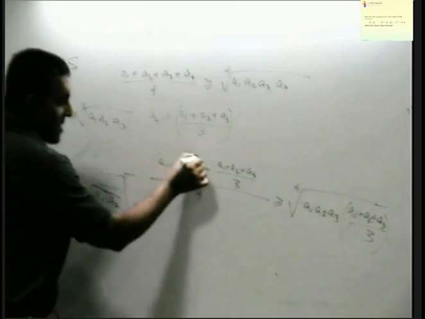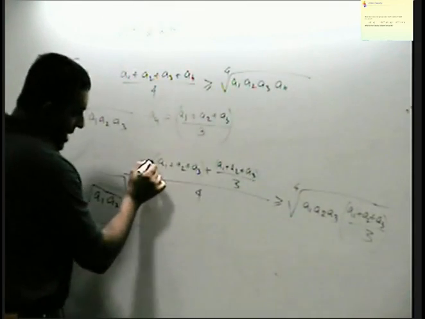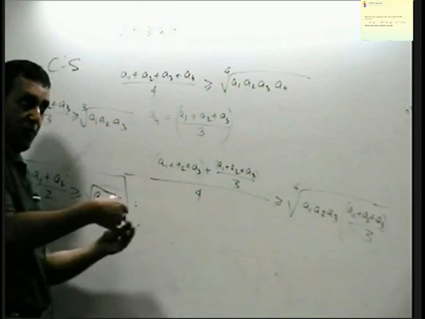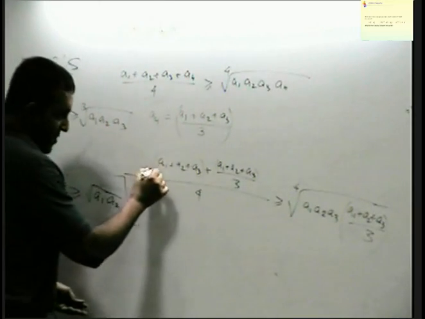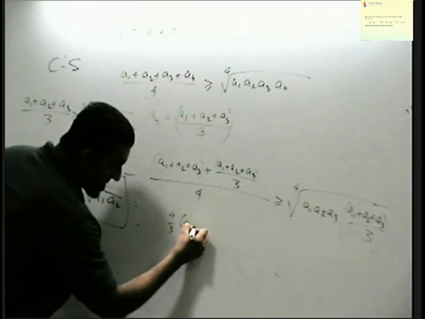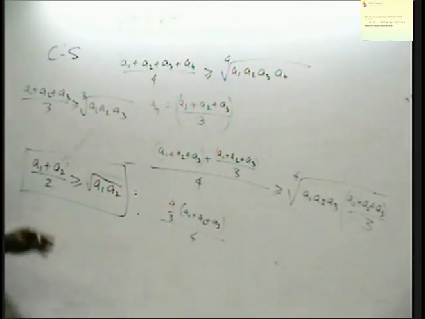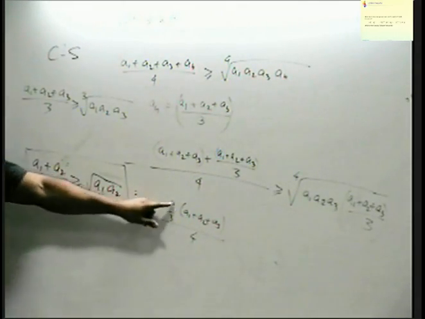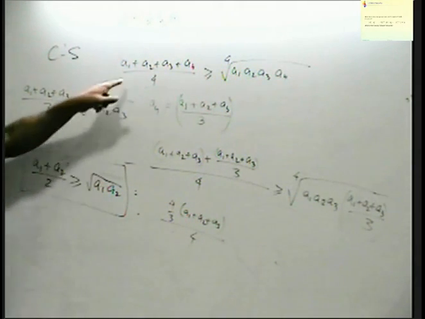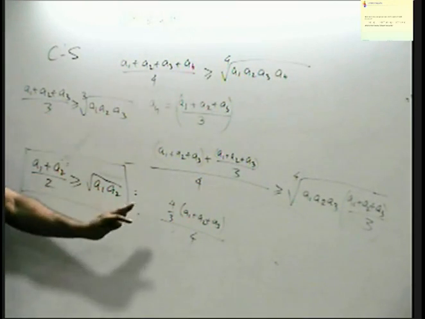So now appears the beauty. This and this are the same, and 1 plus 1 over 3 is 4 by 3. So therefore this expression on top is 4 by 3, (a1 plus a2 plus a3) by 4. Beautifully, what has happened is that pesky 4 from which I had to go to a 3, the 4 has now vanished.